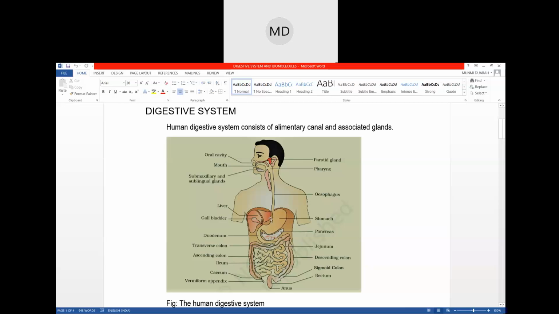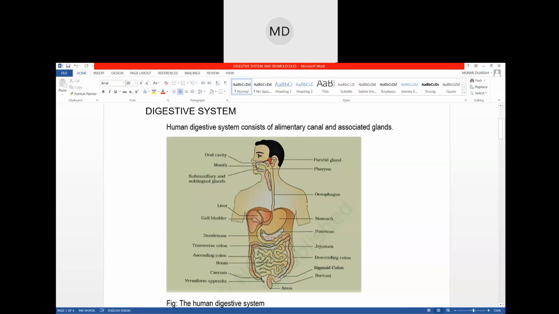Because all the protein, fat and everything is taken by our body, no? So only the remaining part that is of no use is stored in the rectum, and it is passed from time to time through the anus. This is an overview of what happens in the entire digestion process.